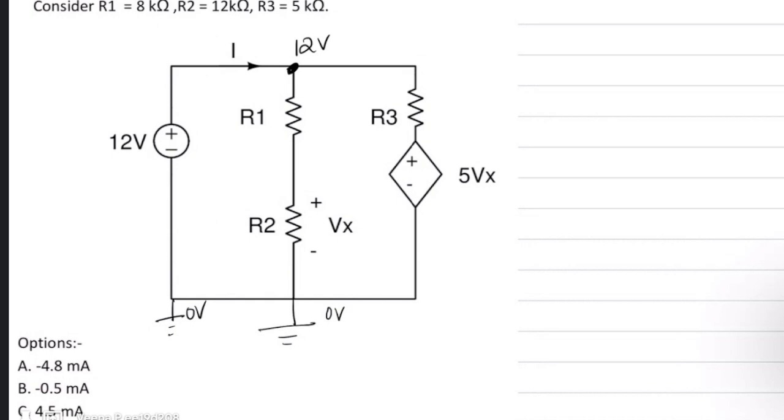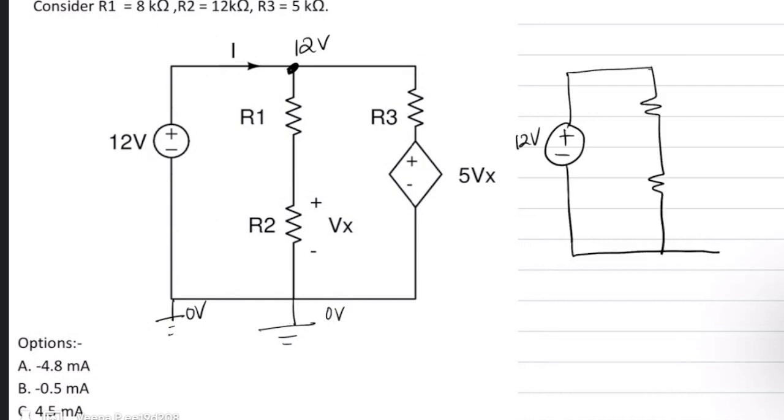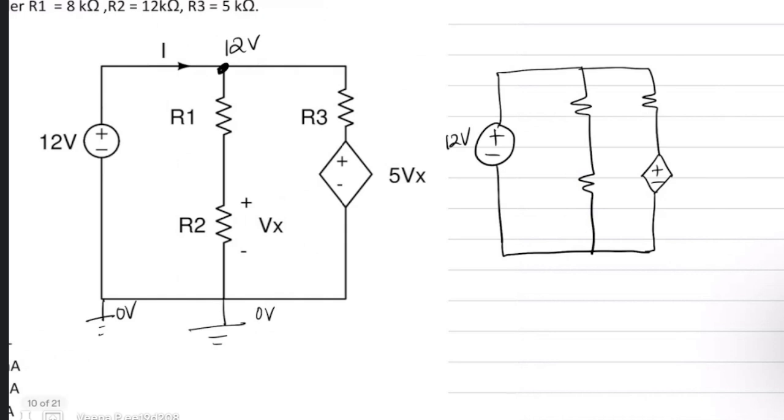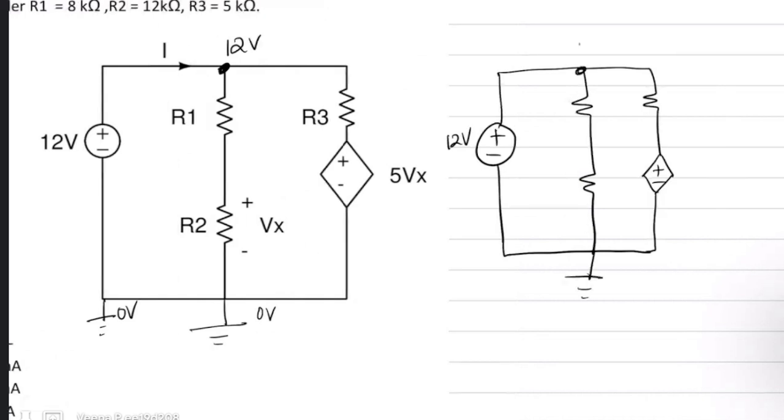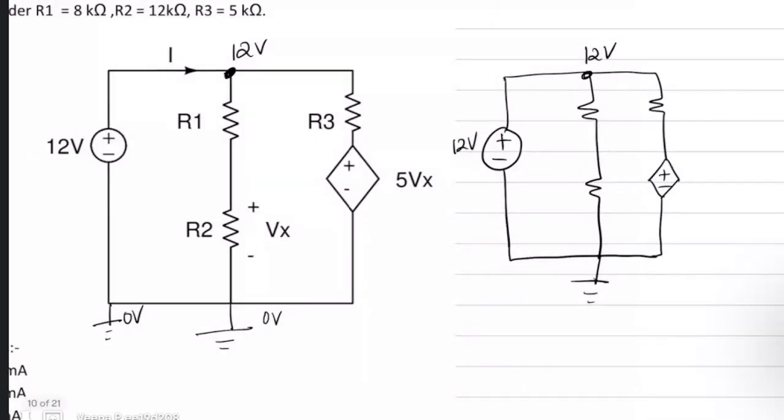So now you have a resistor R1, so I will redraw the circuit, is 12 volts. So you have grounded this point, so your node potential became 12 volt. So you have 8 kilo ohm here and 12 kilo ohm here.